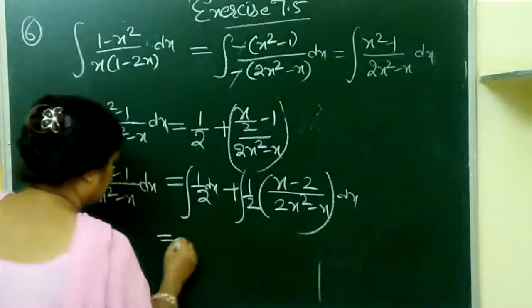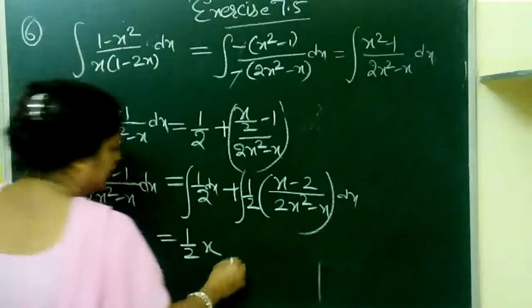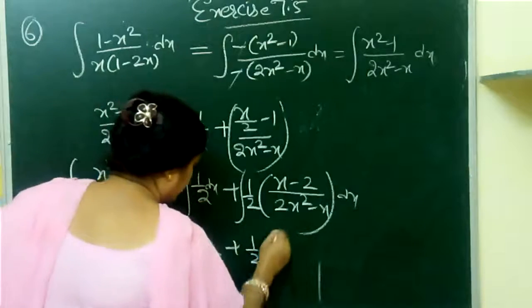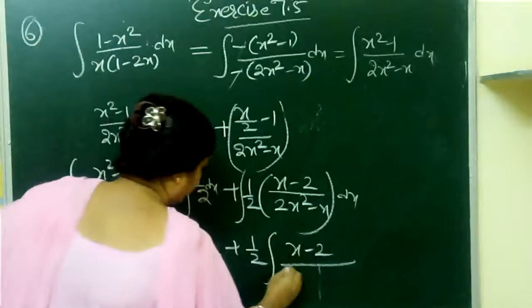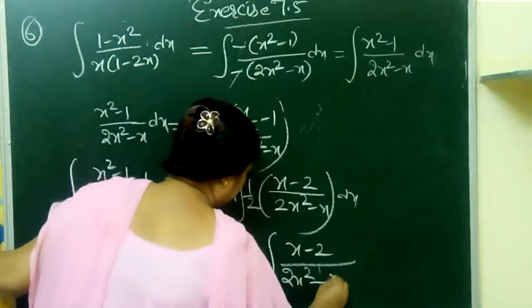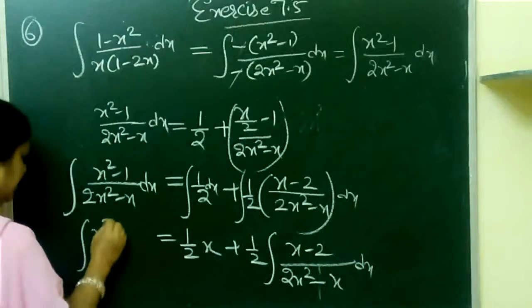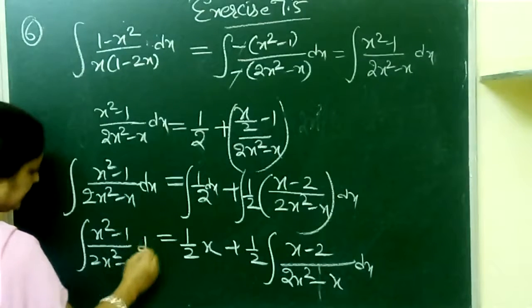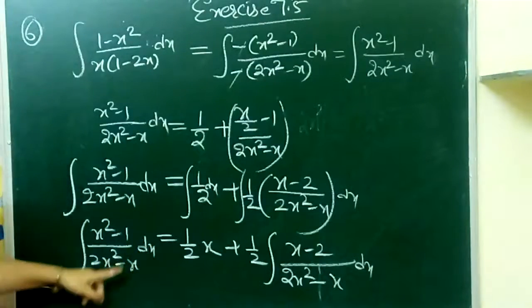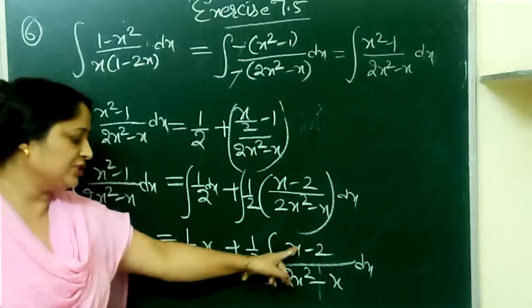After integration it will come 1 by 2x plus 1 by 2 integration of (x minus 2) upon (2x square minus x) dx. This is the value of the integration of (x square minus 1) upon (2x square minus x) dx.